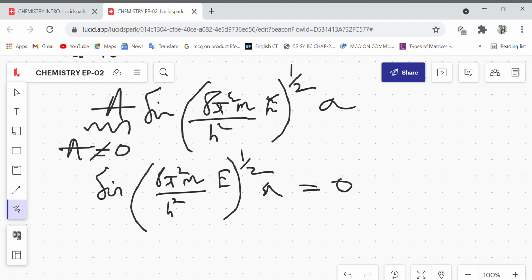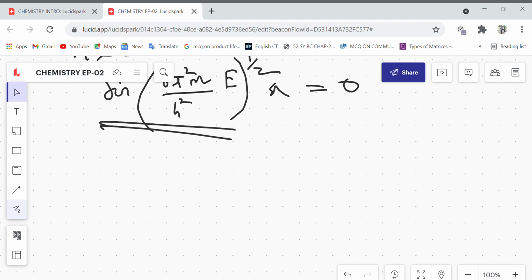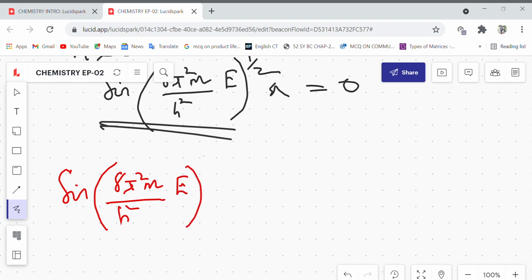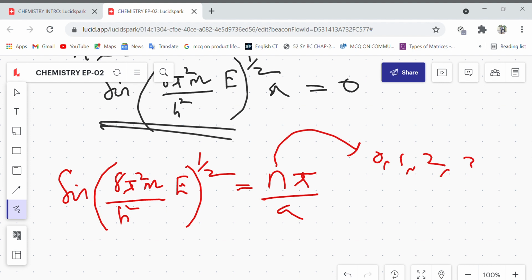This important part can also be written as 8 pi square m by h square E whole to the power half is equal to n pi by a, where the value of n can be 0, 1, 2, 3, anything.